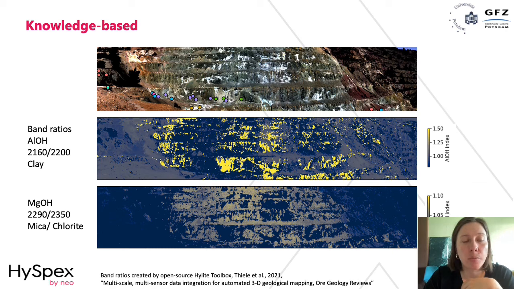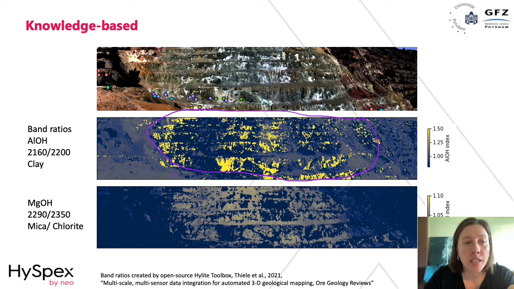And you can see from the clay band ratio image that this is concentrating mostly on this open cut, and you can see that we are staying within this alteration zone here in the center, but there's no typical zonation visible here.